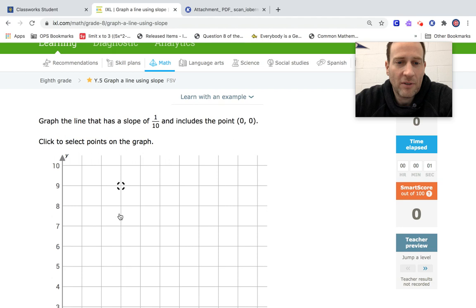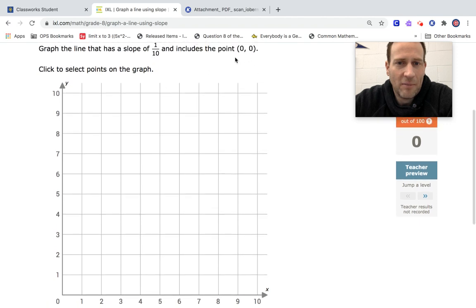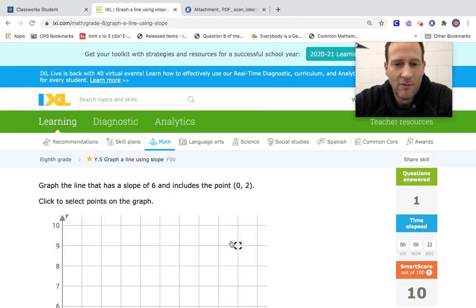They're going to give you your slope here, which is 1/10, and a point that it includes, so 0, 0. So you need to plot that point first, like 0, 0. And then your slope says we're changing 1 for the y, 10 for the x. So that's where our next point is, and you can see your line there as you go forward.